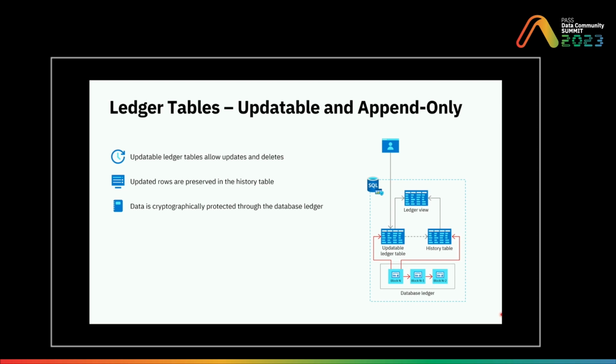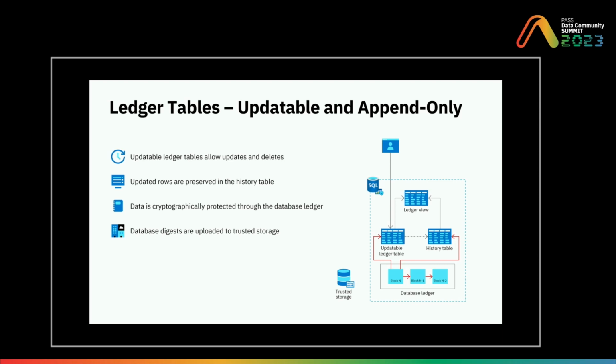So every 30 seconds, we're going to take all the transactions that have occurred during these 30 seconds, and we're going to generate a block from them, link it to the previous block, and then store it outside of our database. That block, we call a database digest.